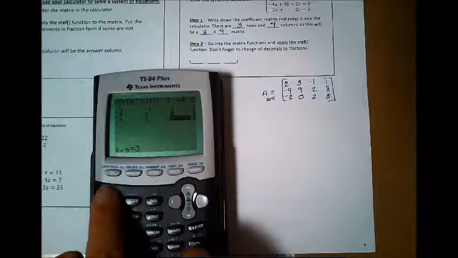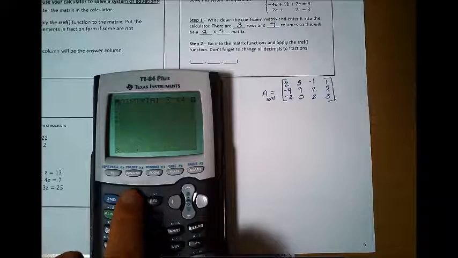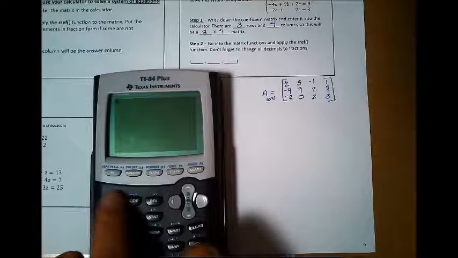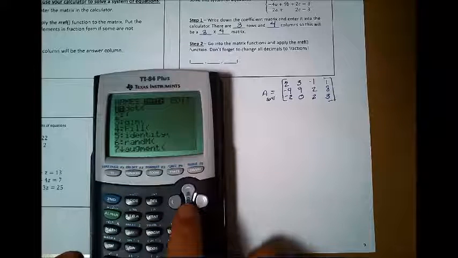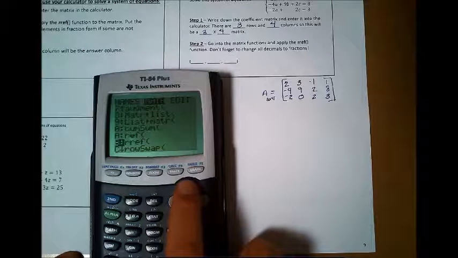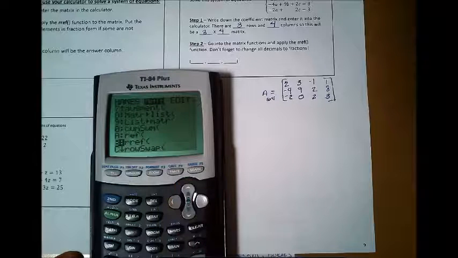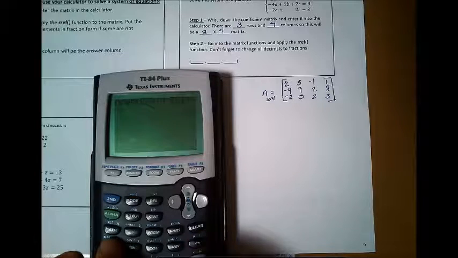Second, quit. Then we go back into matrix. We scroll over to math. And then scooch to the bottom, well, whoops, to rref. And then we're rrefing second matrix, matrix A, close parenthesis, enter.